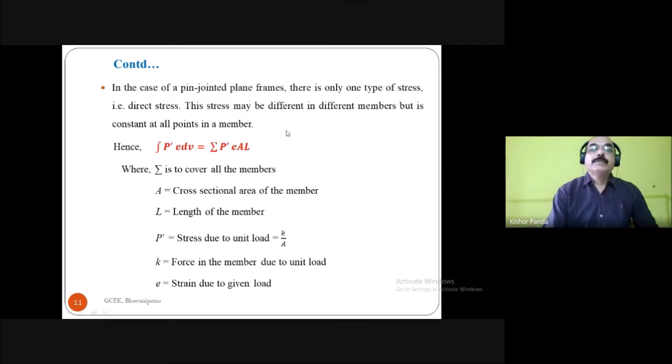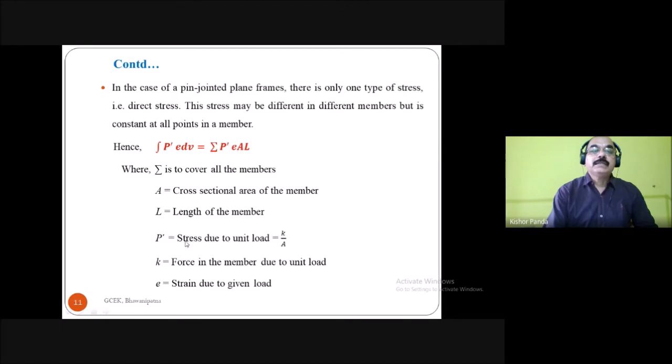The stress may be different in different members, but is constant at all points in a member. Hence, the integration of P dash E dV is equal to summation of P dash E A L, where summation is to cover all the members of a truss, and A is the cross-sectional area of the member, and L is the length of the member.